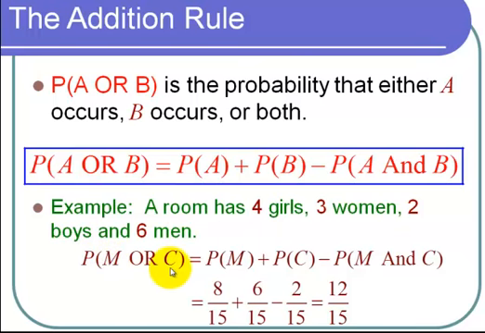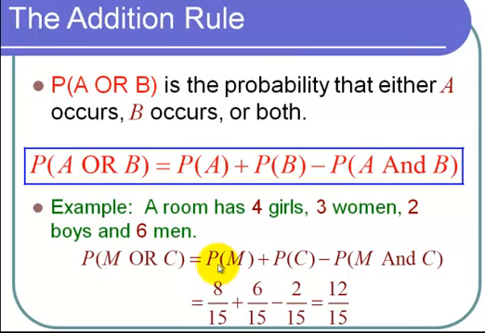And children are boys and girls. So we can use the addition rule, and that says the probability of being a male or a child is equal to the probability of being a male plus the probability of being a child minus the probability of being a male and a child.